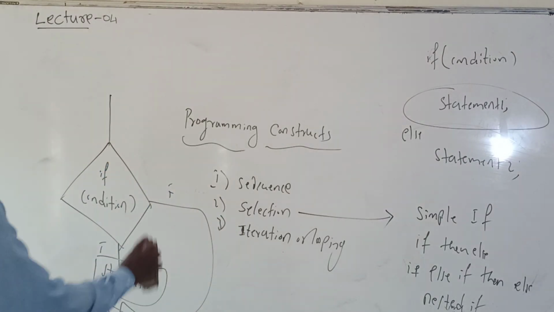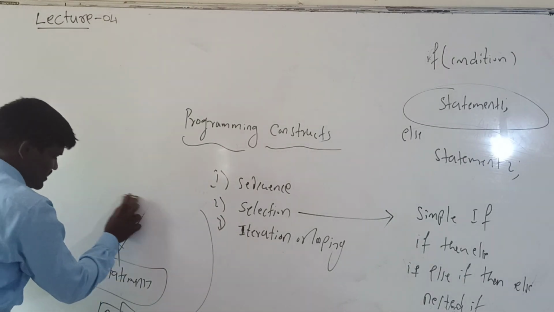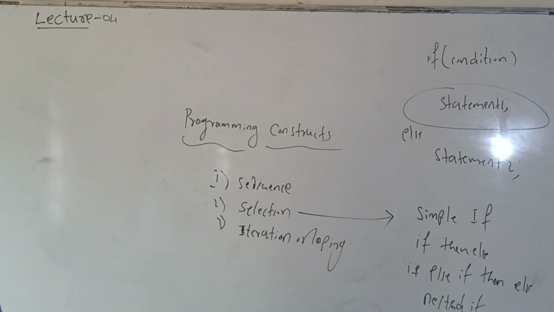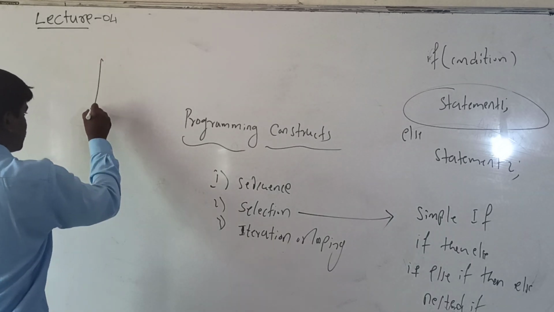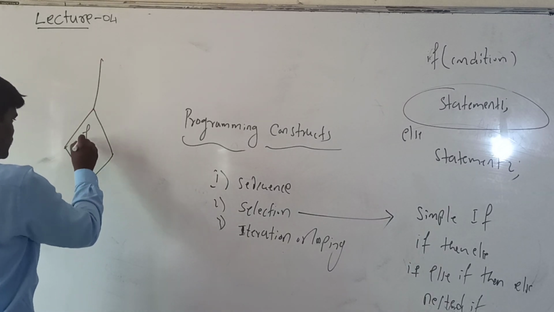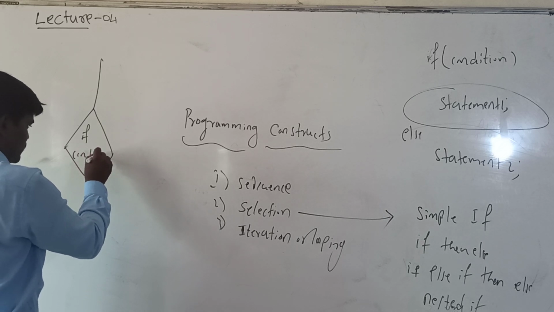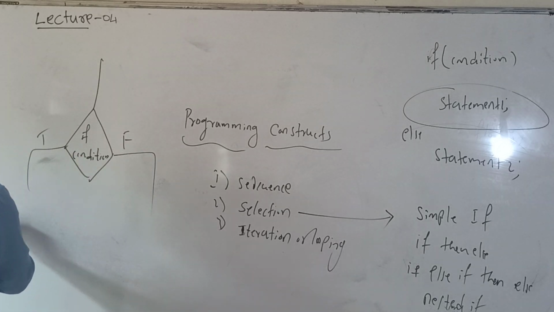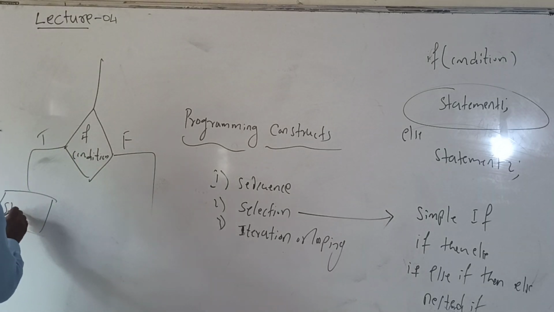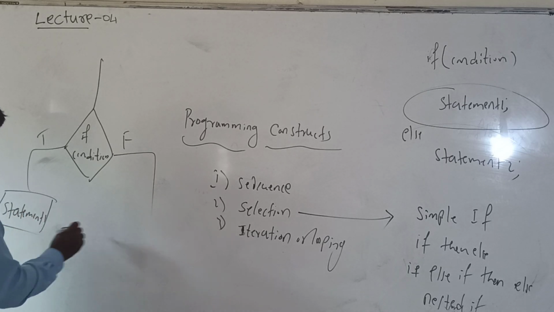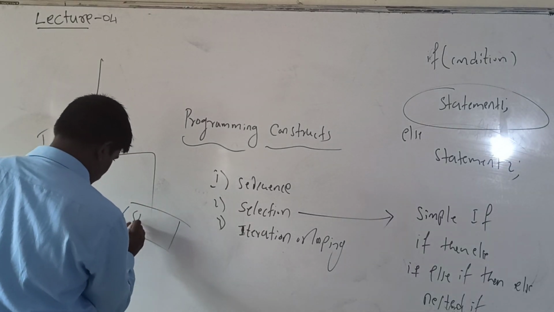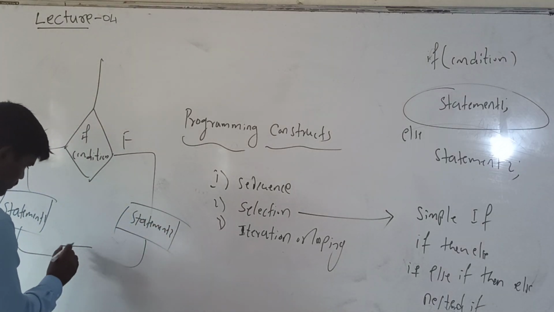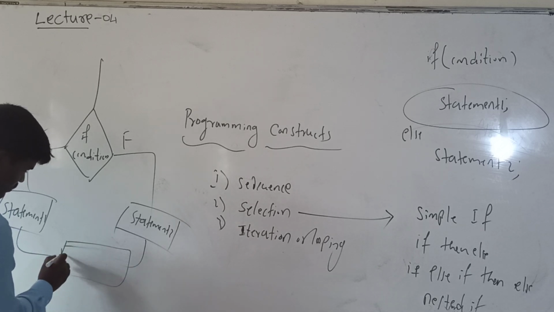And the flowchart for this if then else statement is: if condition, true, false, statement 1, statement 2, next.